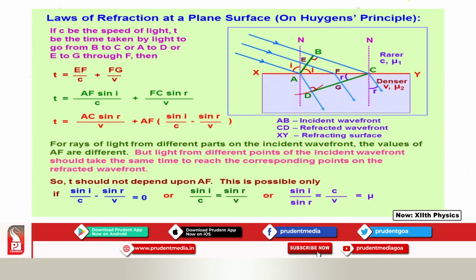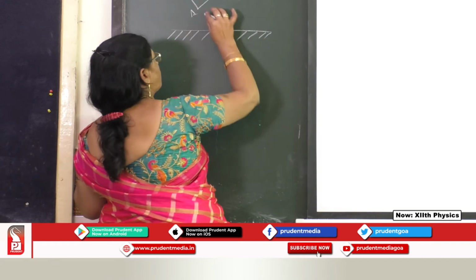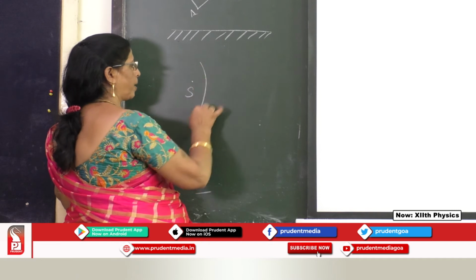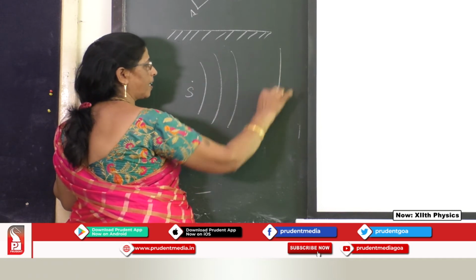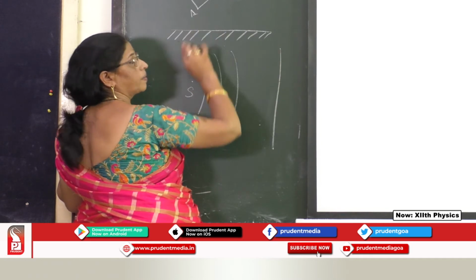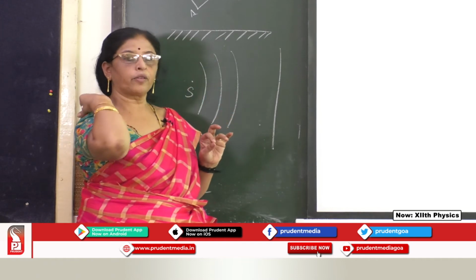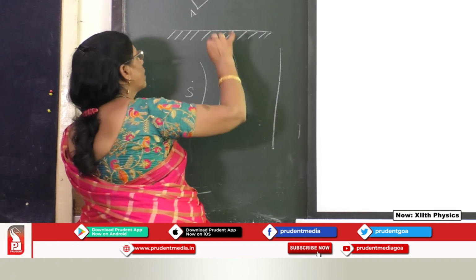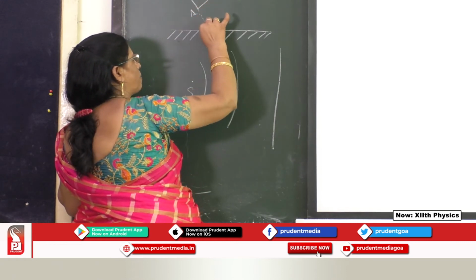Now, he has proved the laws of reflection on a plane surface. Consider a plane wavefront. What is a plane wavefront? When you consider a wavefront at a distance from a point source, it is a plane wavefront. So consider a plane wavefront incident on a surface. Now the plane wavefront is coming over.